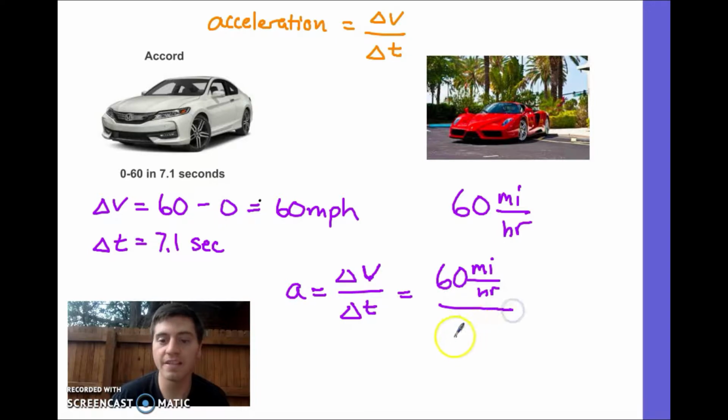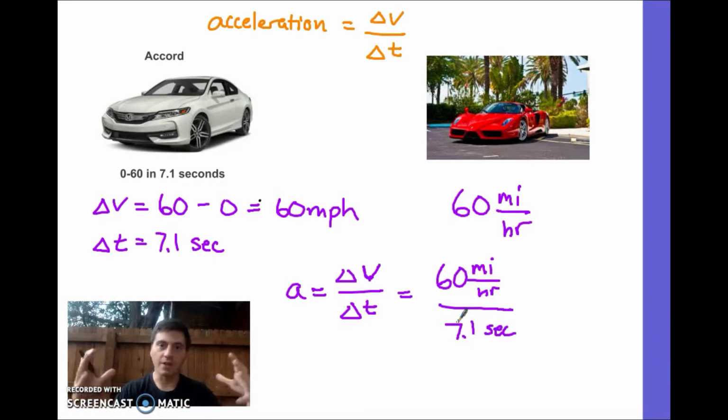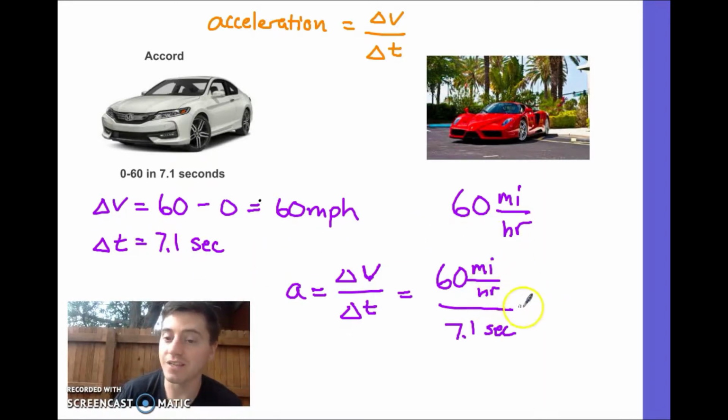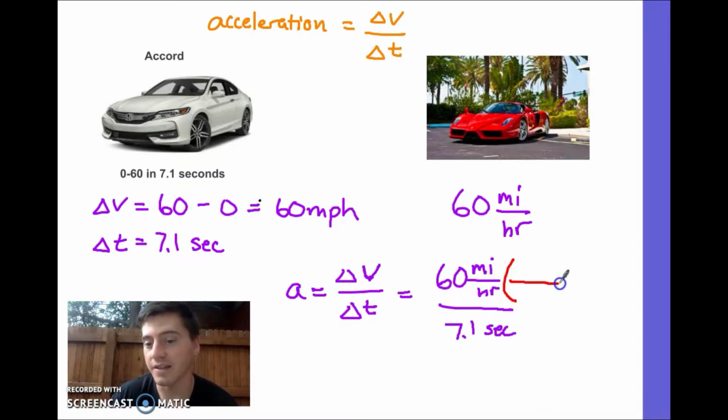So we have 60 miles per hour divided by 7.1 seconds, but seconds doesn't go well with miles per hour because we're in hours here. So if we want to work with these units together, we need to make sure that they are the same unit. So I do know how to convert this to miles per second. That's what we worked on right in the beginning. So let's convert from hours to seconds.